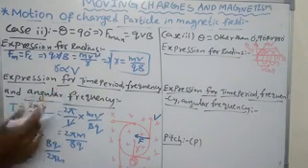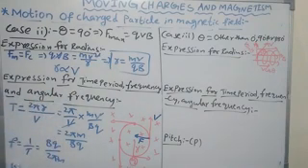Next, angular frequency. Angular frequency is denoted by the symbol omega. How can we write omega? Omega can be written as 2 pi into frequency.